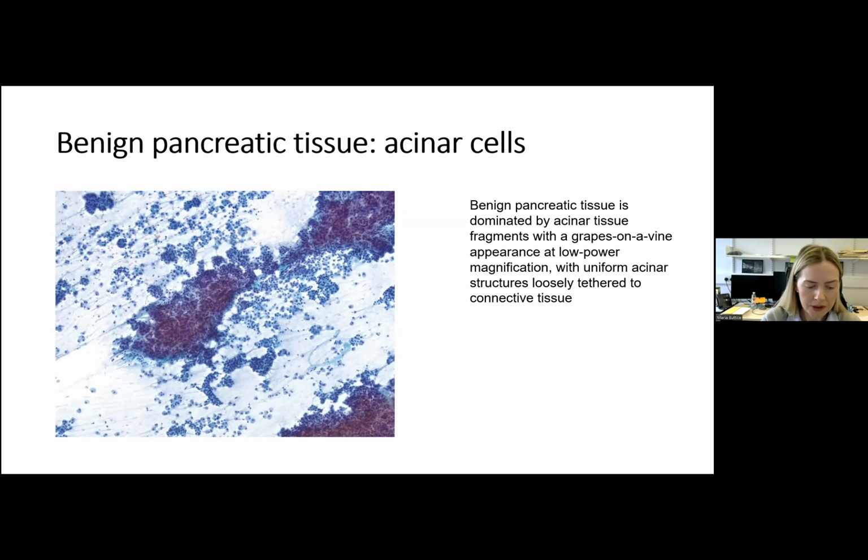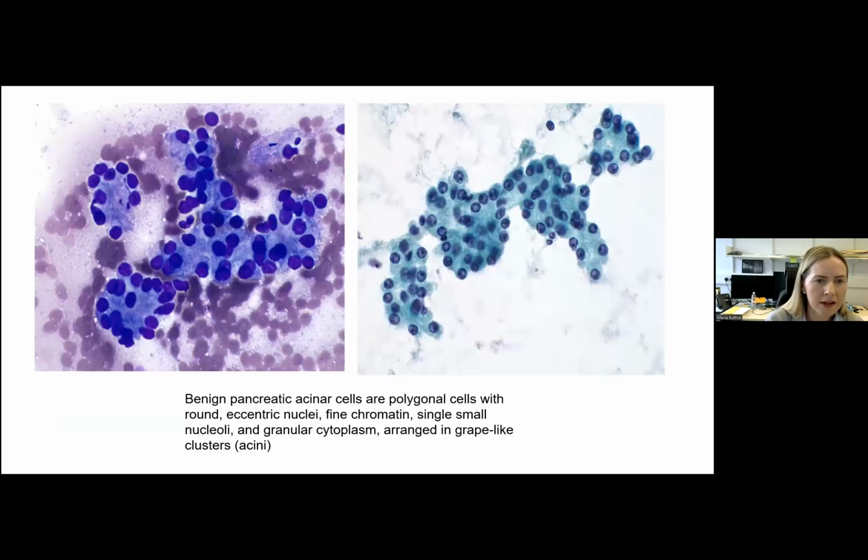The other component is the endocrine component, known as the islets of Langerhans, which are often embedded throughout the body and tail. What we can see here are these benign grape-like clusters of acinar cells, singly dispersed but also in nice grape-like clusters. Moving on to higher power, we can see that they are uniform epithelial cells. They often have abundant granular cytoplasm, eccentric nuclei, fine chromatin, and often a single small nucleolus.